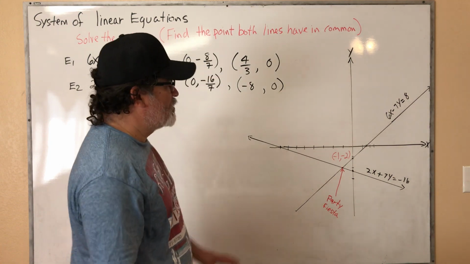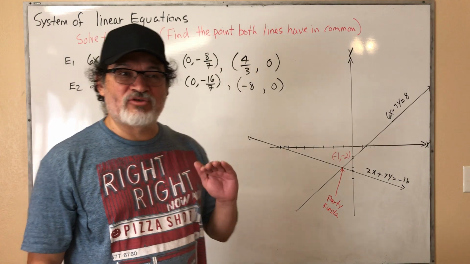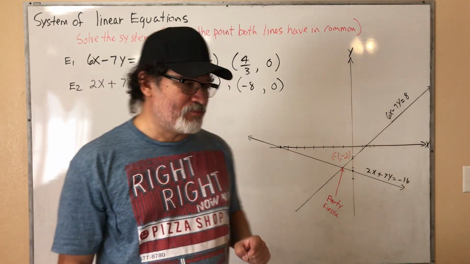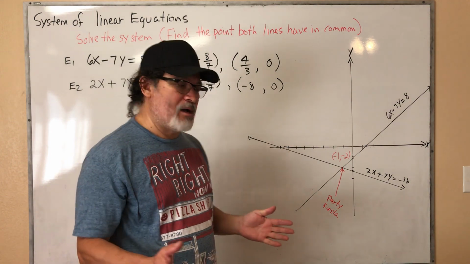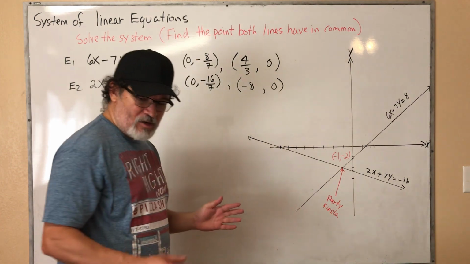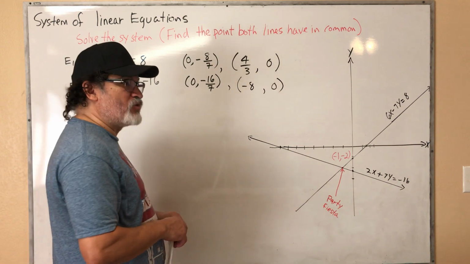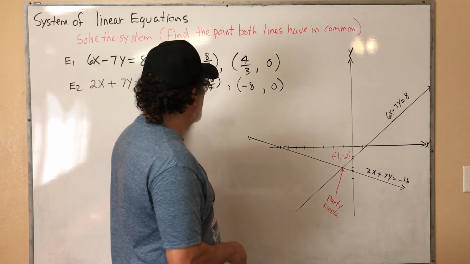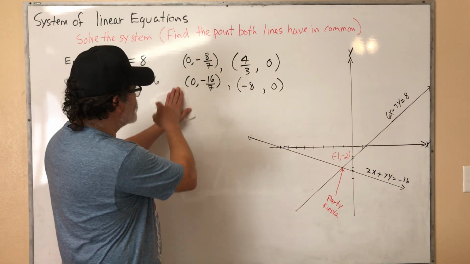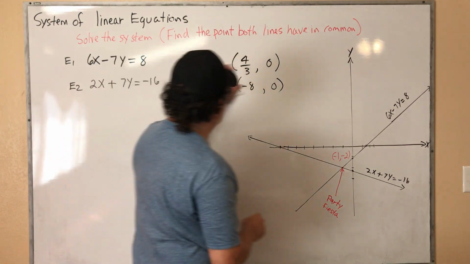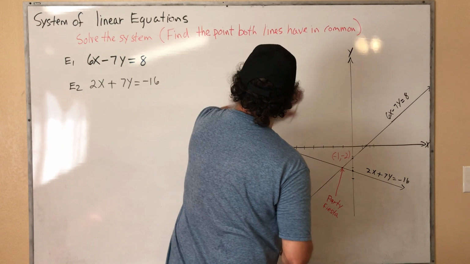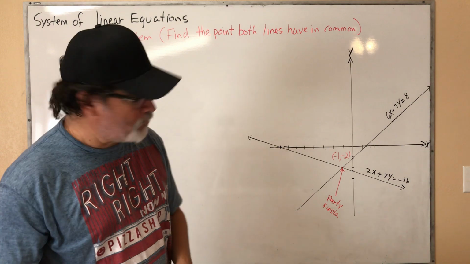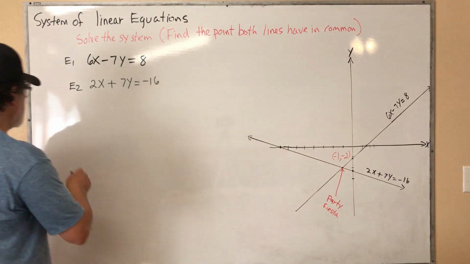So therefore, we can find the address to the party by graphing, but that is not the best way. There's another way. We can try to find the address by the substitution method. Okay, so I used this already, okay? You guys have it. So let's do it by the substitution method. Substitution.